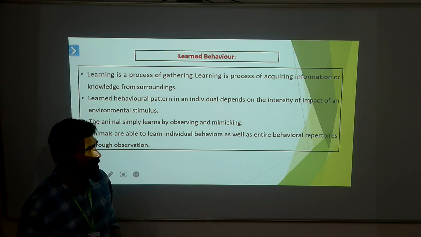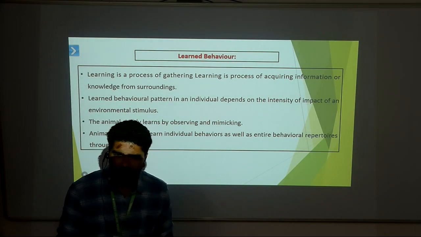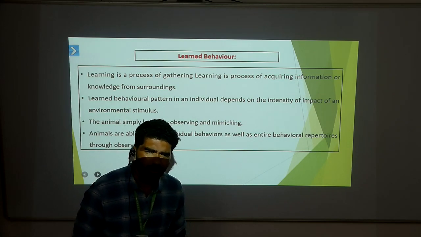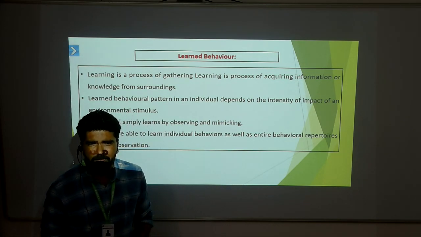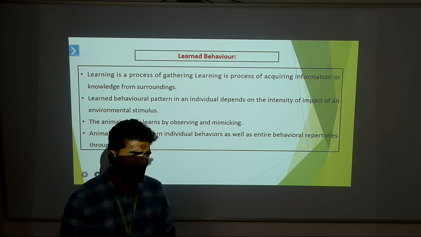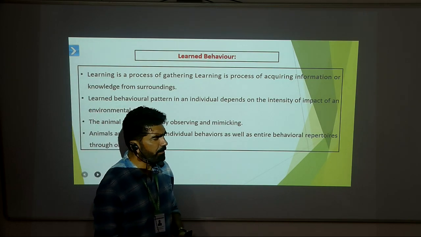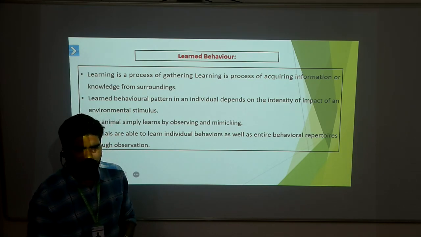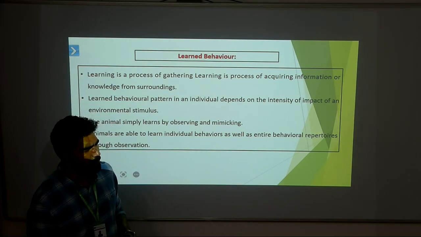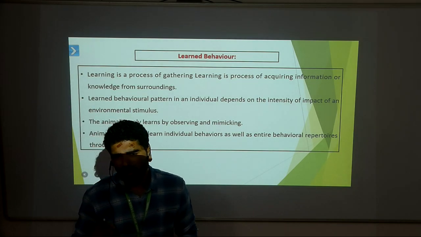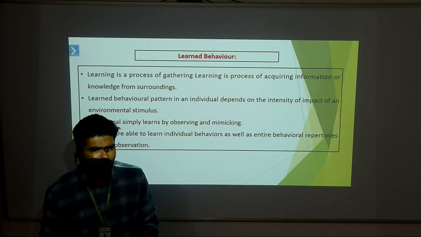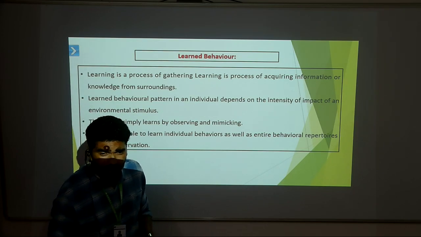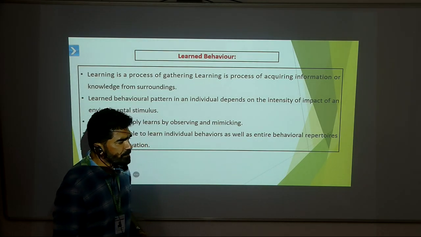Next, learned behavior. Previously we studied innate behavior, which occurs naturally in organisms or juveniles. The next one is learned behavior. This is a process of gathering information, a learning process. All animals acquire information from the surroundings where they are living.